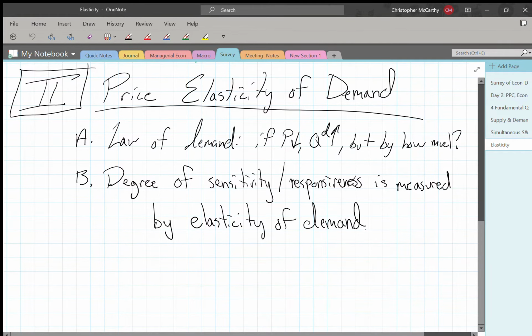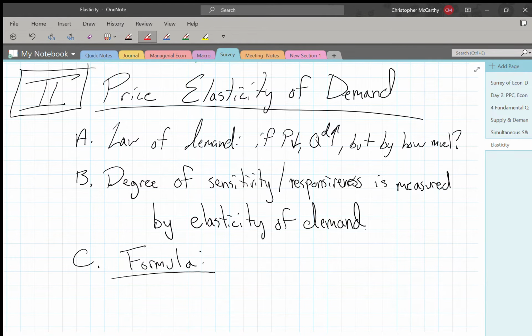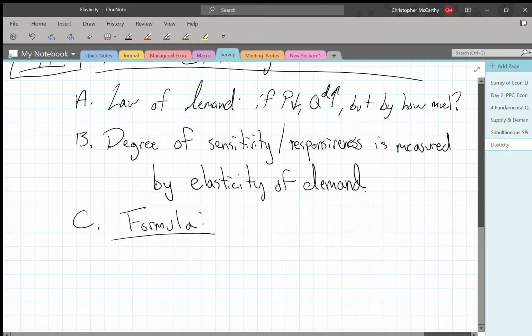Let's go ahead and talk about the formula. You'll often see this as this fancy curly Q E, or in the book it's just a capitalized E that's italicized, but I can't freehand italicization very well.